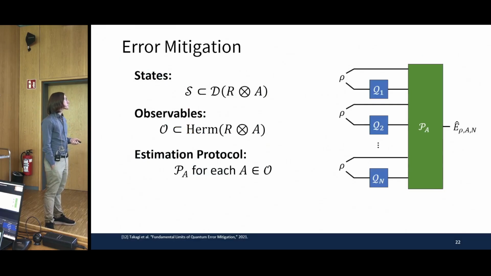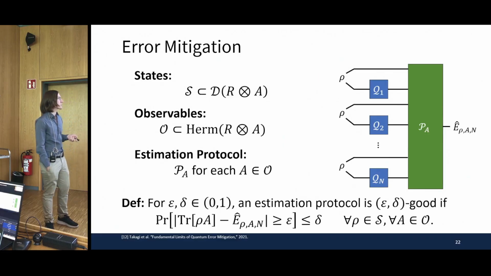The second application is error mitigation, which Professor Chitagi et al. have considered. And the idea is you have a set of states that you want to understand the expectations of. So you have some set of states, you have some set of observables for those states, and you want a protocol such that for each observable you pick, the estimator that comes out of your protocol and uses many copies of that given state can, in fact, guess the observable to an appropriate precision.